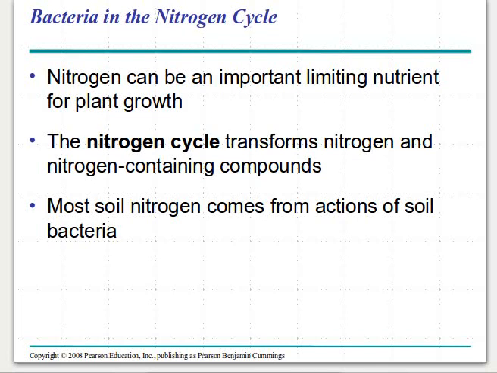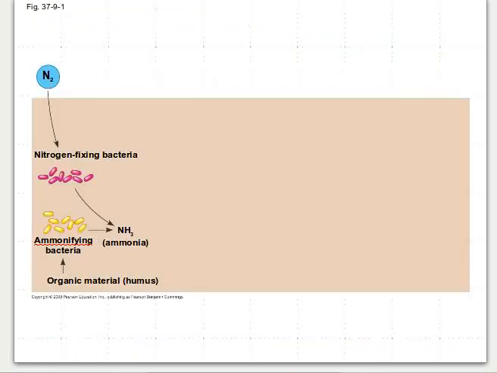And bacteria are really important in the nitrogen cycle, and we'll talk a little bit more about the nitrogen cycle here and much more about it in class. And so if we take a brief look at the nitrogen cycle here, we've got N2 gas in the atmosphere. Plants can't use it. When you bring that down into the soil using nitrogen-fixing bacteria, they turn this nitrogen gas into ammonia.